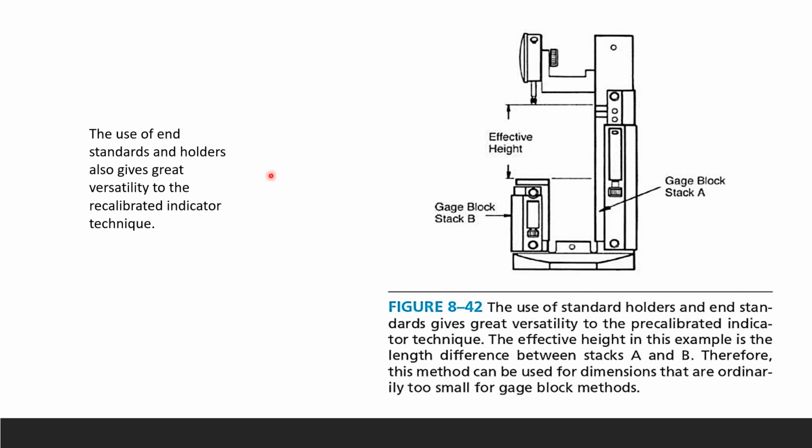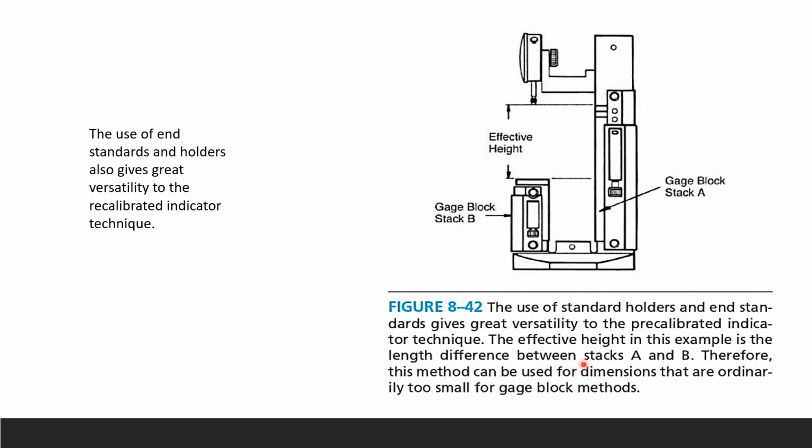Okay, same as the other technique. By using the holder, you will get rid of all the transfer heat. By using the end standards, you can measure against that reference plane. Okay, so the use of standard holders and end standards gives great versatility to the pre-calibrated indicator technique.